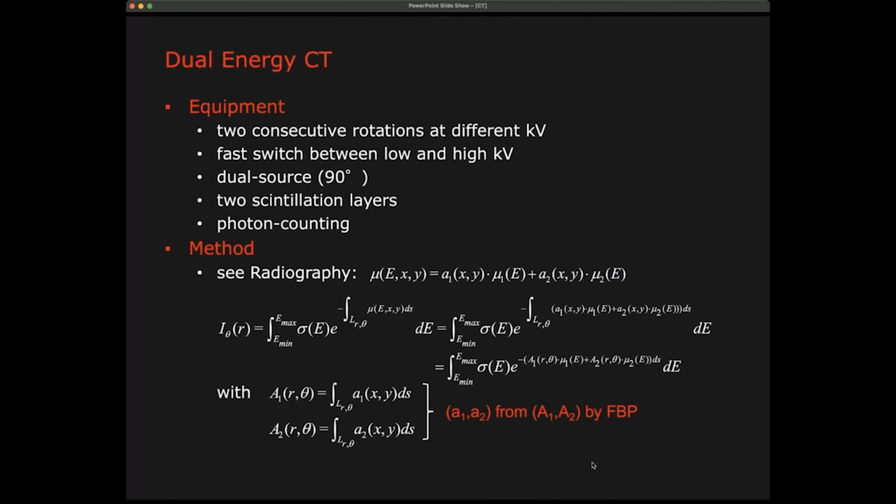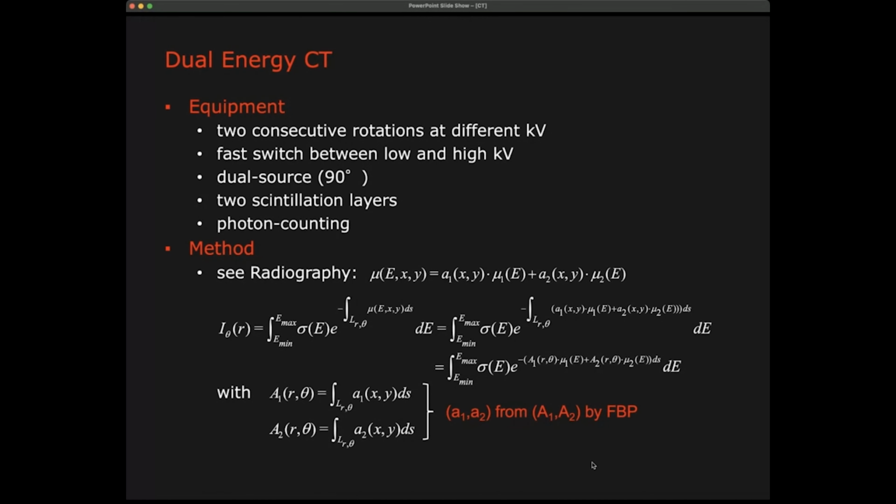Okay, so one of the things I told you before also is that attenuation also depends on the energy. Depending on the energy of the X-ray photon that we use, your attenuation coefficient is different.